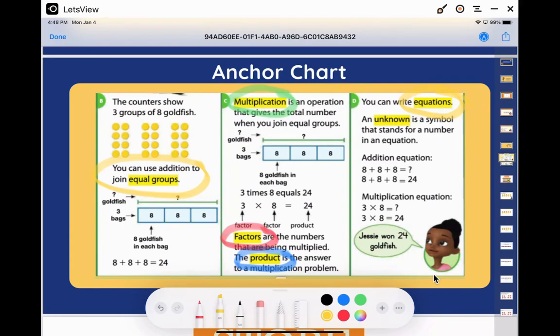Sometimes you're going to see that there's a question mark after your equal sign, or maybe it's just an empty box or an empty space. Whenever there's something that we're solving for, we call that an unknown. An unknown is the part of the problem that we do not know the answer to yet.